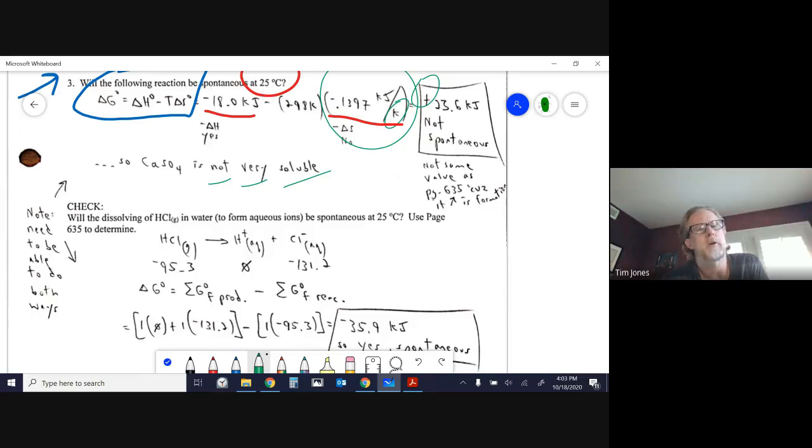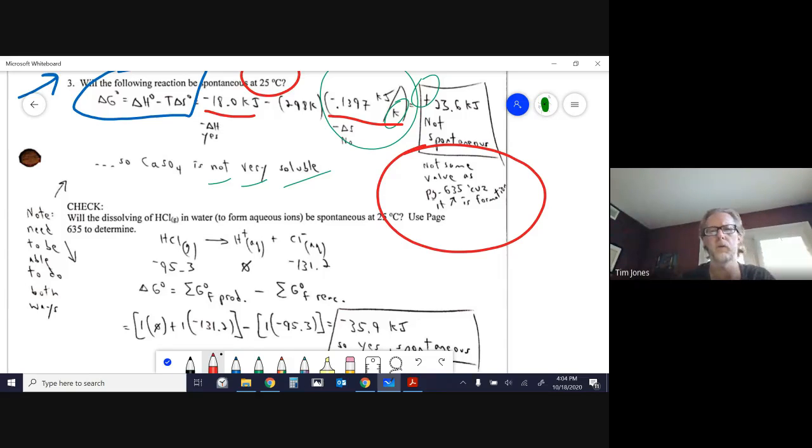We will cover solubility and things like that more in the future, but this should be familiar from last year. I remember sometimes at this point, students look up the value on page 635 and they say, wait, it's a totally different value.